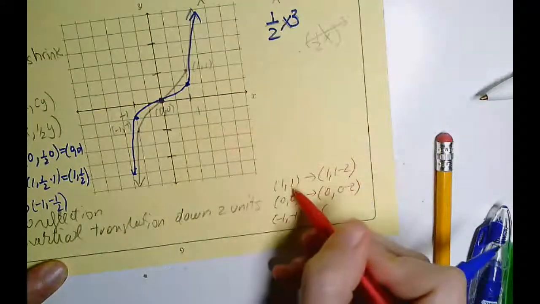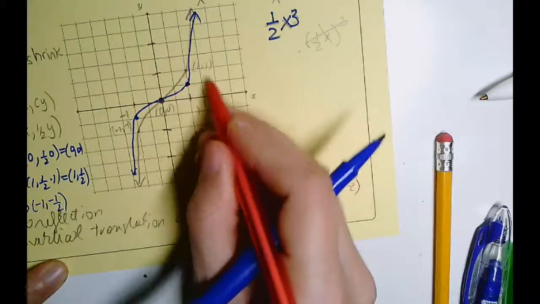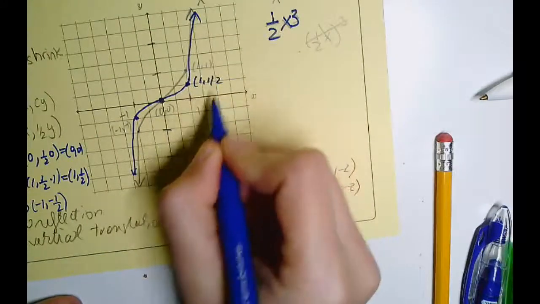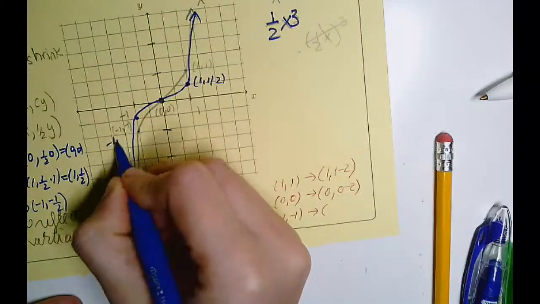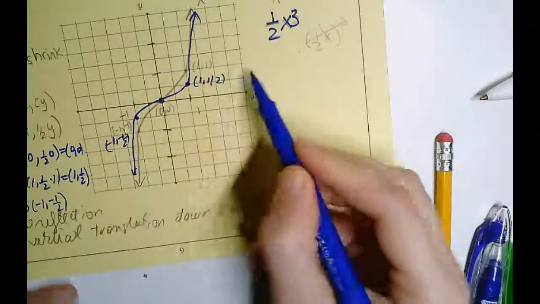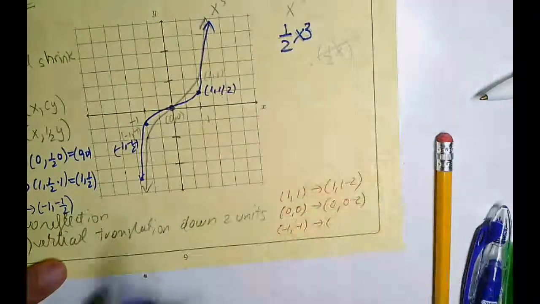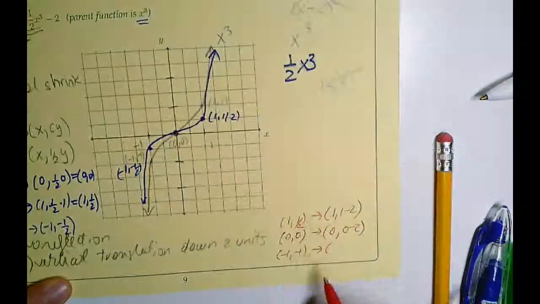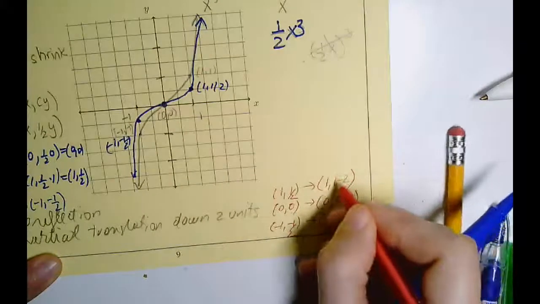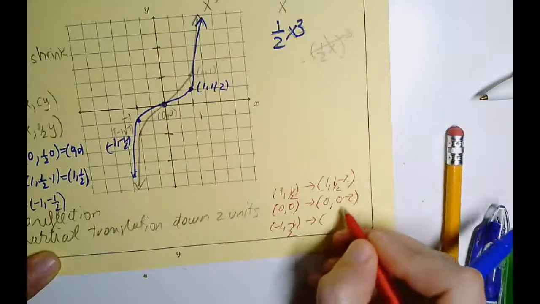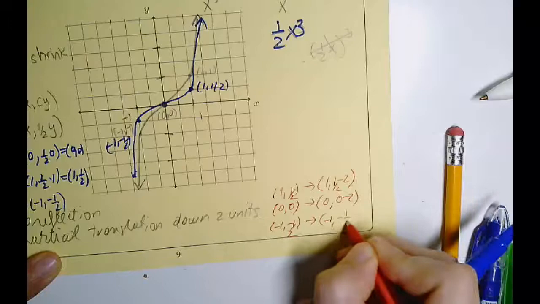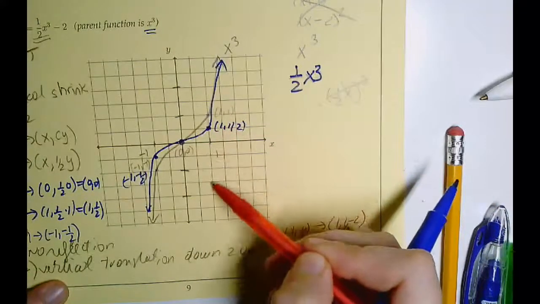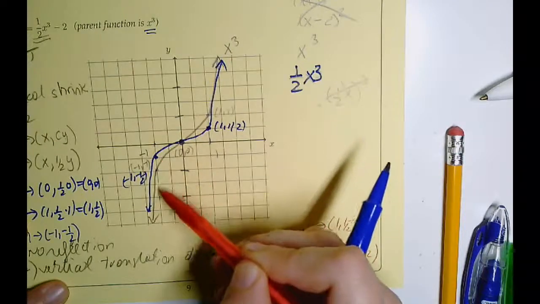I'm sorry, I should say my point 1, 1/2, this second one, and this was -1, -1/2. I'm not doing this to the parent function, I'm doing it to the 1/2 x cubed. So 1, 1/2 minus 2 and -1, -1/2 minus 2. So I'm taking this point and moving it down 2 units, and then I'm taking this point and moving it down 2 units.